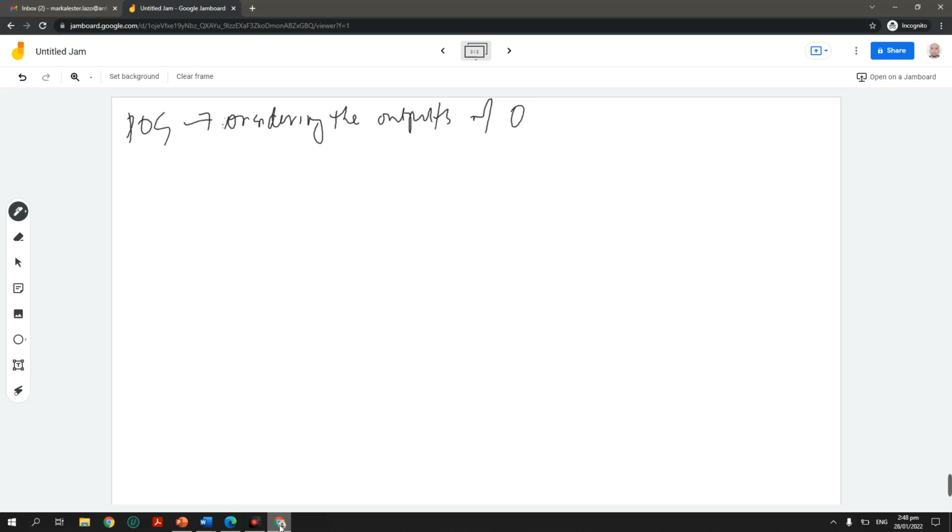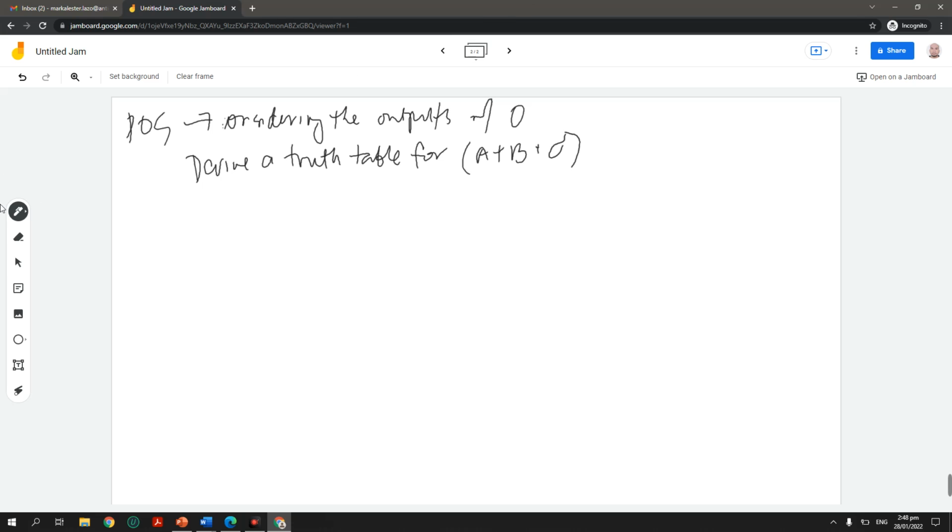So going back, derive a truth table for the expression. What was the example? A plus B plus C.